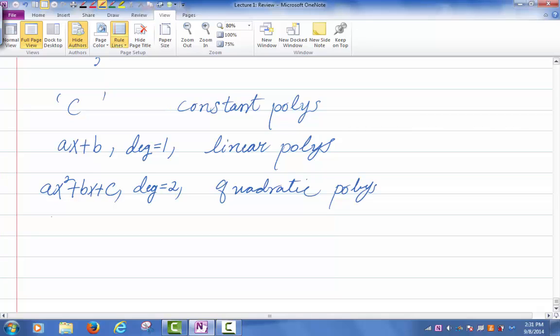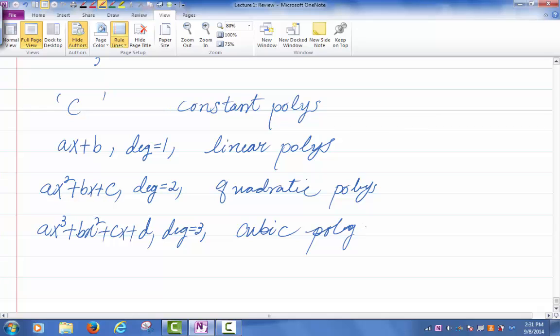And if I have, let me write down one more, ax cubed plus bx squared plus cx plus d. This is a degree 3 polynomial and it's a cubic polynomial. Is everybody okay with that?